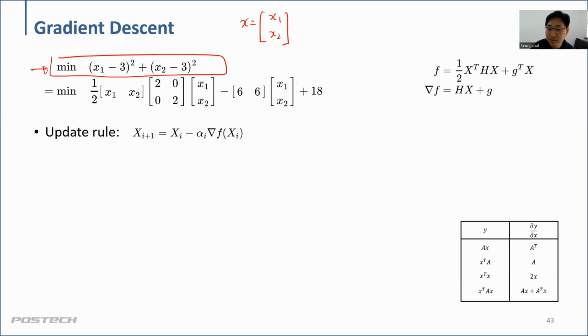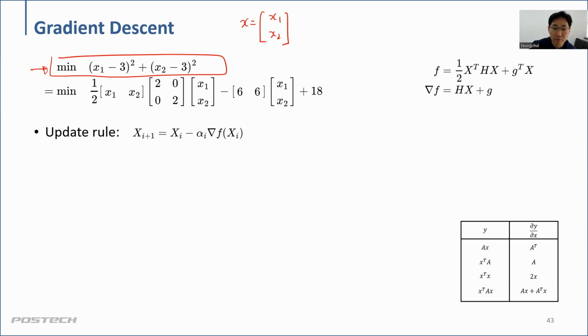Any ideas? It's a minimization problem, but we have a squared term. It is always going to be positive or 0.